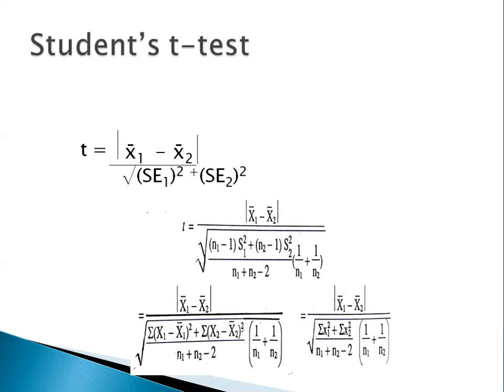Or if we simplify all these equations, we get the final equation like this: mod of x1 bar minus x2 bar divided by the square root of [(summation of x1 square plus summation of x2 square) divided by n1 plus n2 minus 2] into (1 upon n1 plus 1 upon n2).